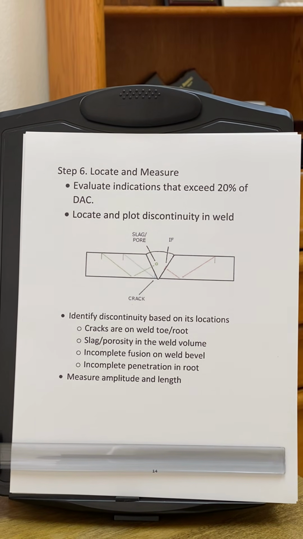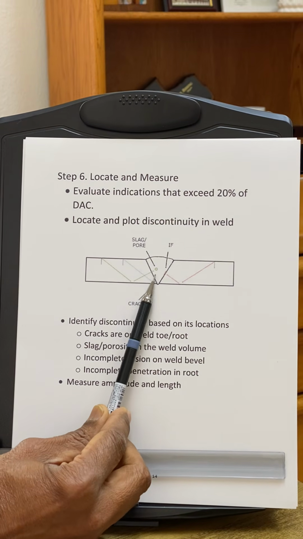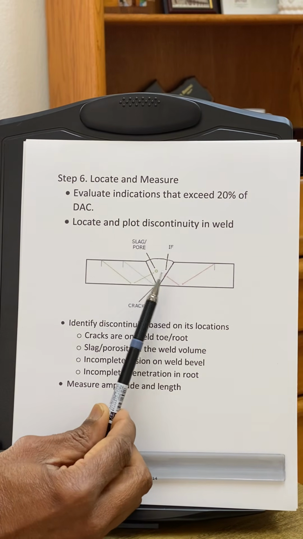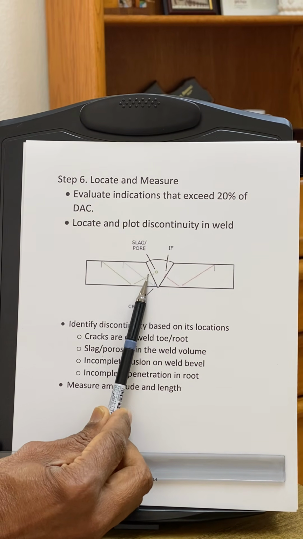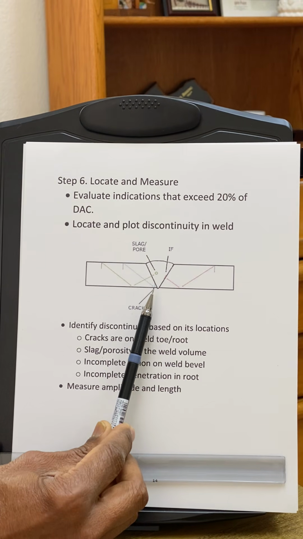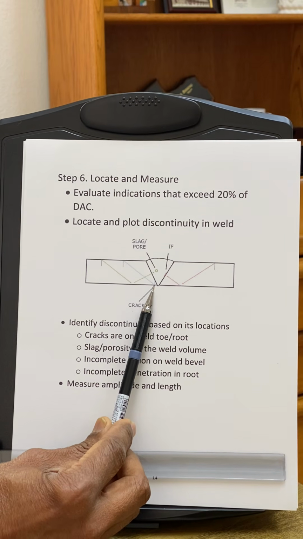So that depends on the location of the indication. If the indication is inside the weld, for example here inside the weld volume, most likely it will be slag or porosity. If the indication is on the bevel, most likely it will be incomplete fusion. If it's close to this location here next to the root, it's going to be a root crack.